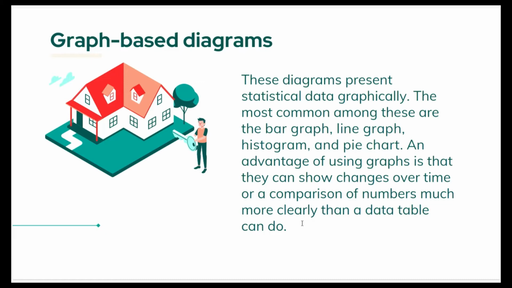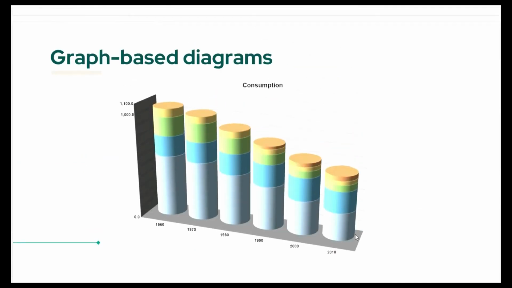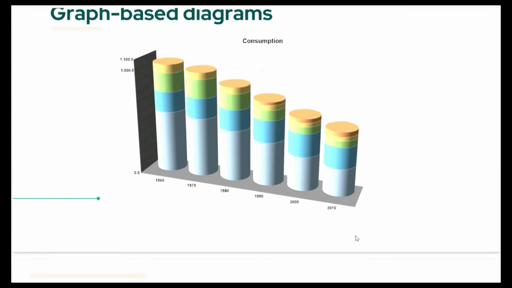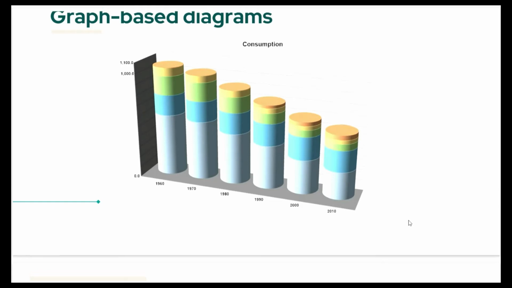The advantage of using graphs is that they can show changes over time or comparisons of numbers more clearly than using a table. So here is an example of a graph-based diagram.